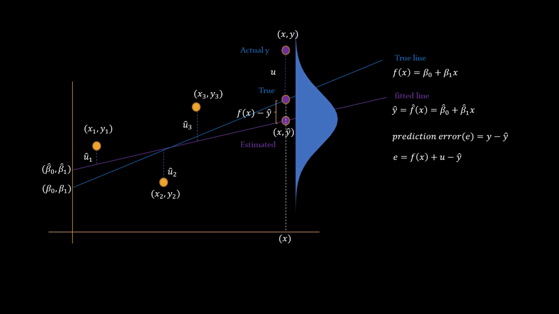Taking variance on both sides, we get this expression. Notice that there is no covariance between u and y hat because u is the error term of an out-of-sample test subject, whereas the variance in y hat comes from the in-sample error terms. So they are not correlated. And we get this expression.